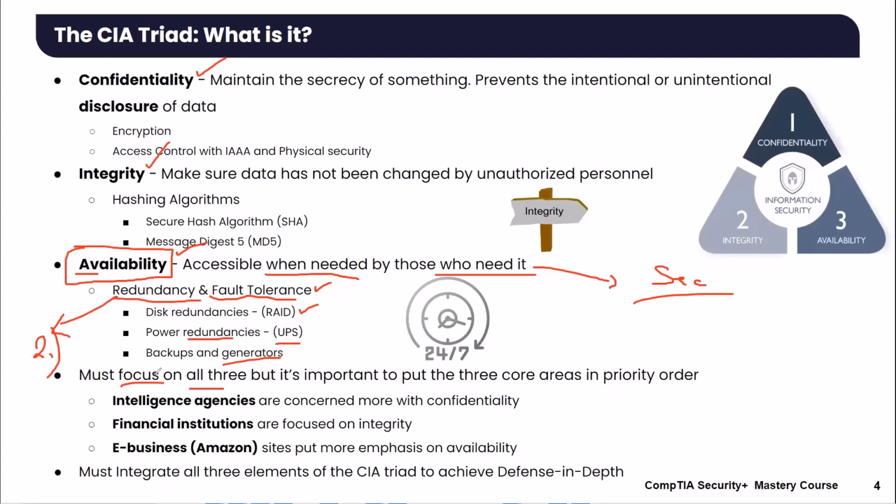They understand that it's really important to maintain all three, but they try to put them into priority order. See, if you are working for the intelligence agencies, one of the US government agencies, for example, one of the things they care about the most is confidentiality. For them, confidentiality is more important than integrity and availability.